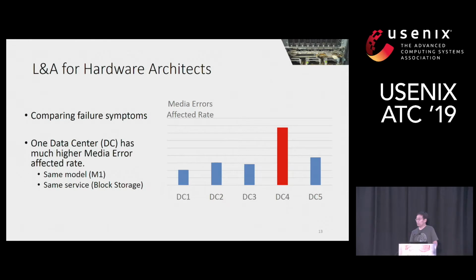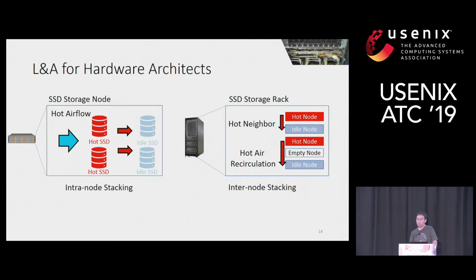As I mentioned, this is media error, so those errors will lead to replications at the service layer and affect service performance and even availability. And those media errors usually end up with drive replacement, costing us money. I'll skip the details about how we found the root cause, but the reason we think is passive heating.